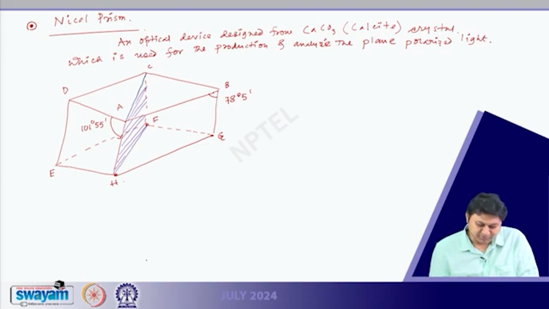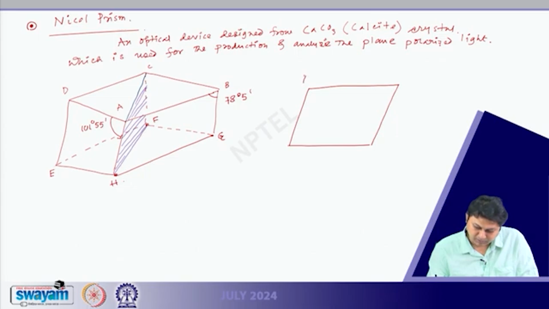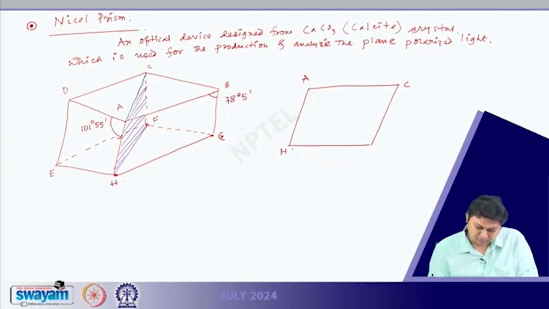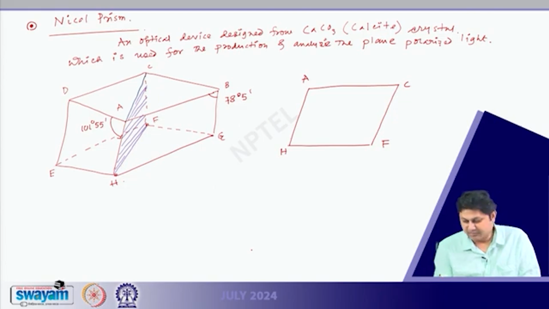So let me draw this principal plane here. So A, then this point is C, and this point is H, and this point is F, and AF is the point.